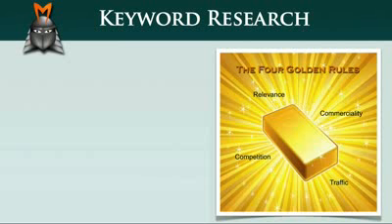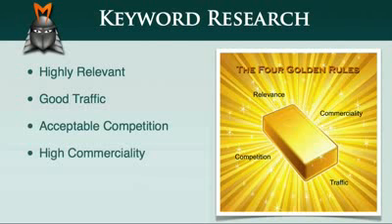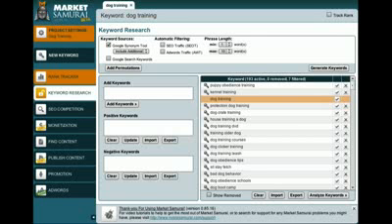So just to recap, in this video we introduced the 4 golden rules of keyword research and identified that gold nugget keywords have the following characteristics. They are relevant, they have good levels of traffic, acceptable levels of competition, and high levels of commerciality. We then looked at the first golden rule, which was relevance, and found that once you've generated your initial list of keywords, Market Samurai provides you with several ways to improve the relevance of your keyword list.